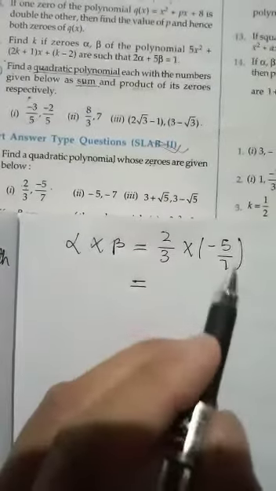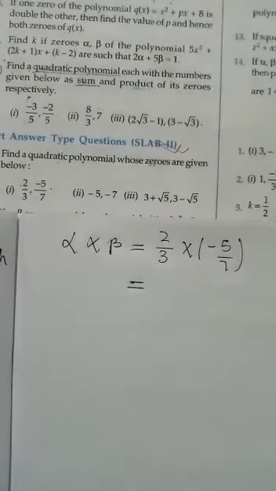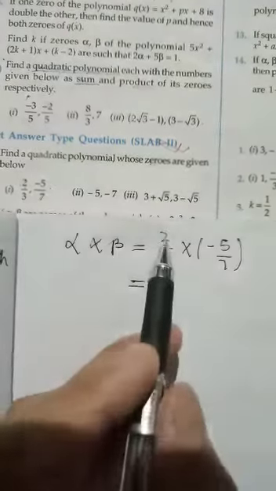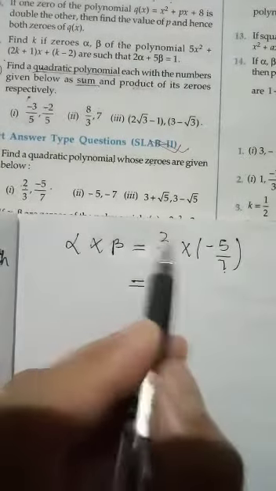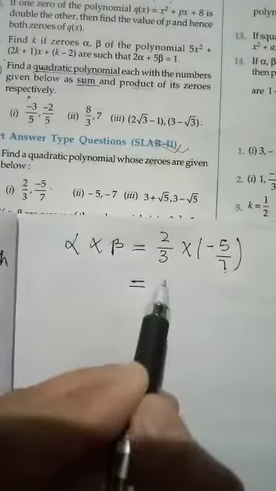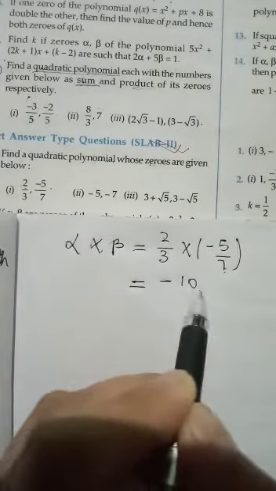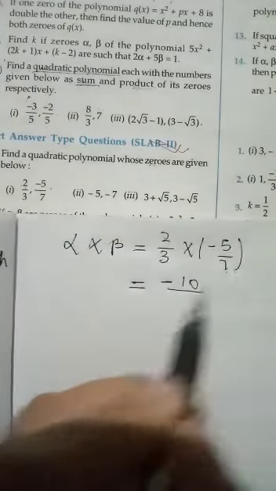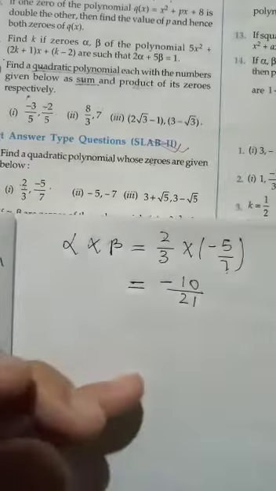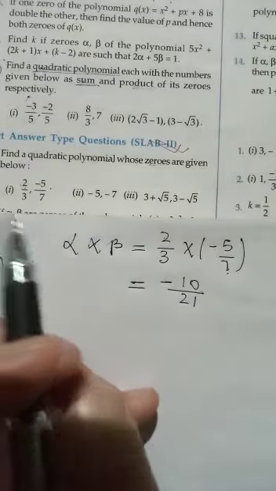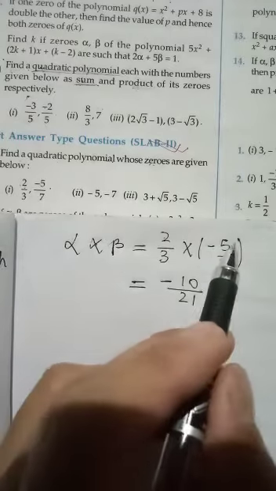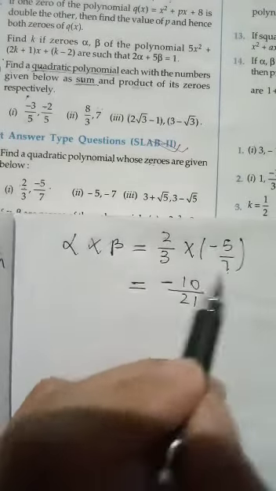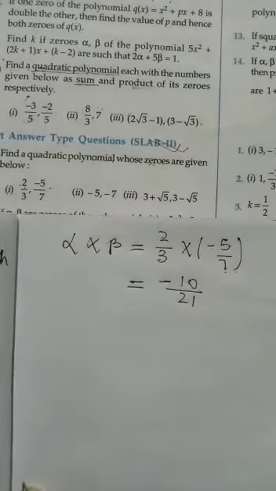If we can cancel up and down, cancel. If not, then you multiply numerator with numerator, denominator with denominator. So 2 into 5, we have minus 10. Then 3 into 7 will be 21. You have to find LCM only for plus and minus. But for multiplying, you multiply up and up, down and down. Now we get the sum, we get the product.